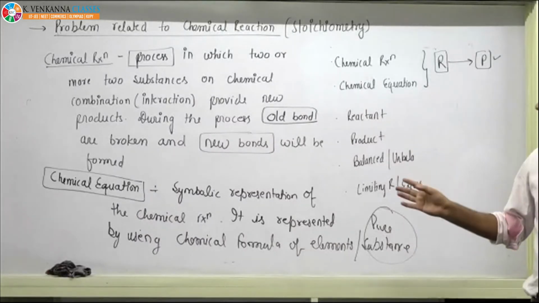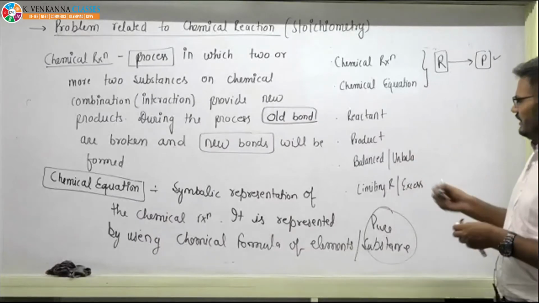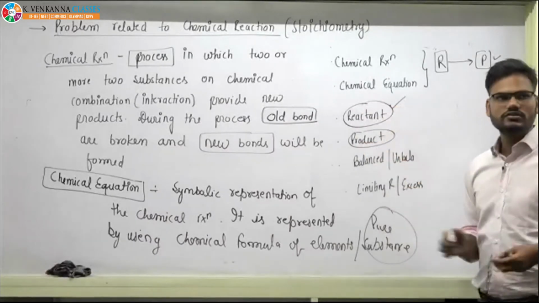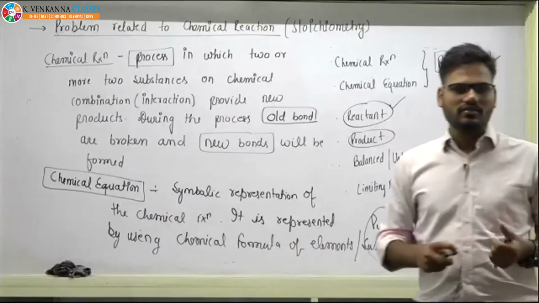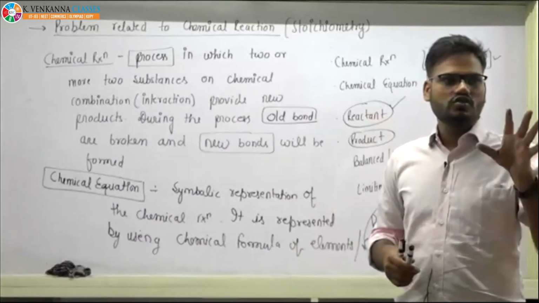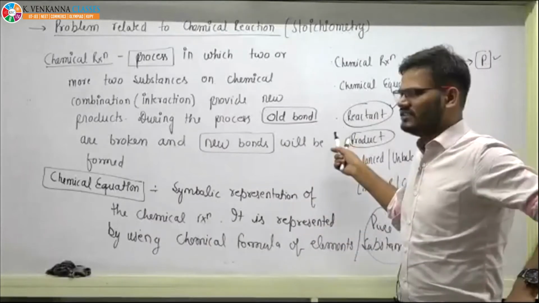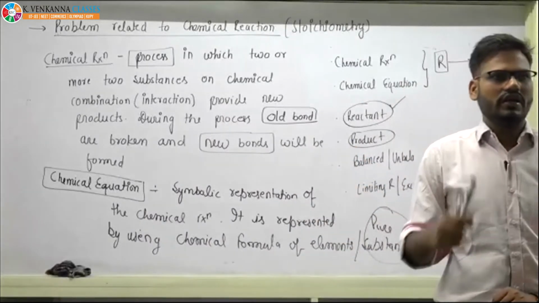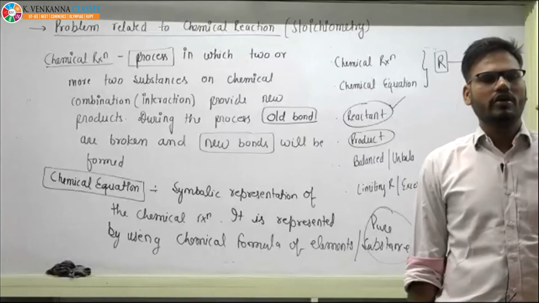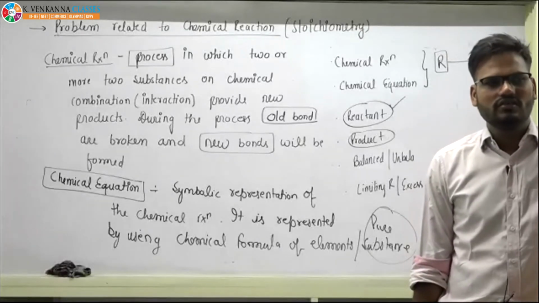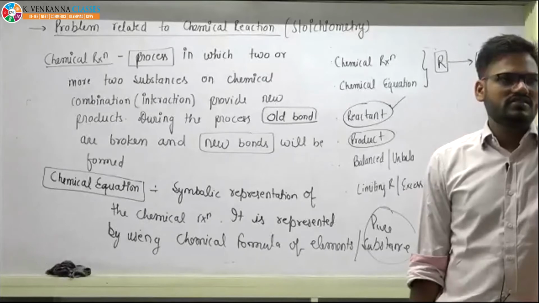Just write it down. Then we will understand what are reactants and what are products. Because I have seen, if I do not explain this, it seems very easy, but it generally creates problems in the mind. I'm just writing it down. You do not need to memorize it. They are not going to ask you in NEET or JEE. They just want your understanding.